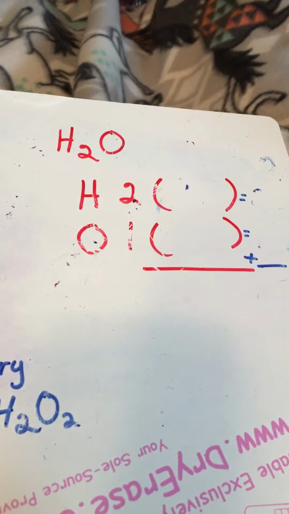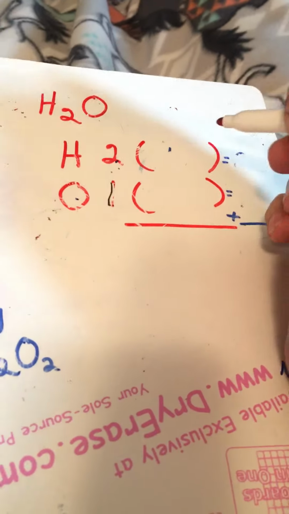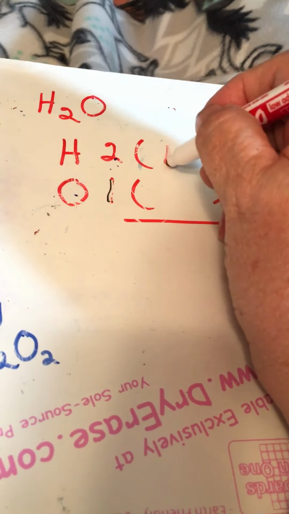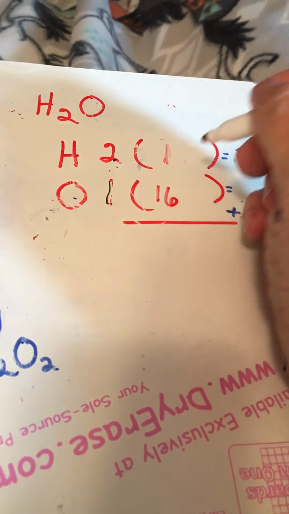So let's go on to some problems. We already did sodium chloride, so let's go on and do water. Water has 2 hydrogen and 1 oxygen. From the periodic table, I find out that the mass of hydrogen is 1 and the mass of oxygen is 16.